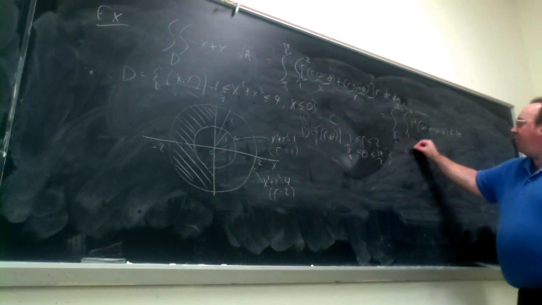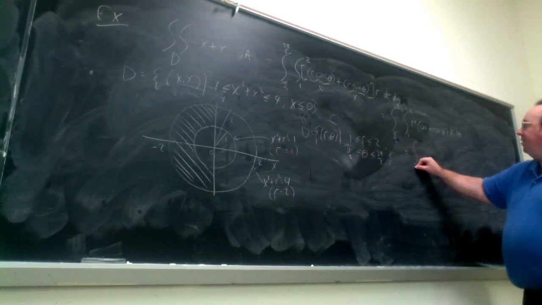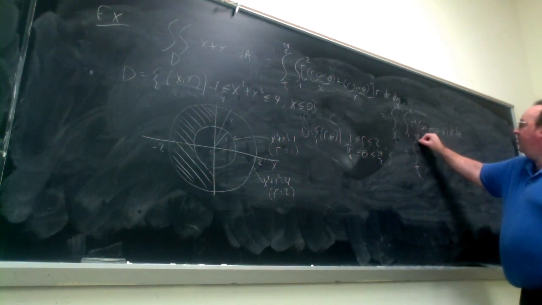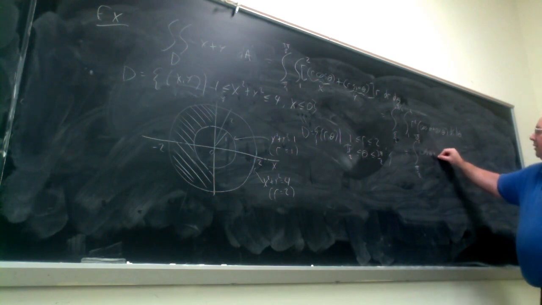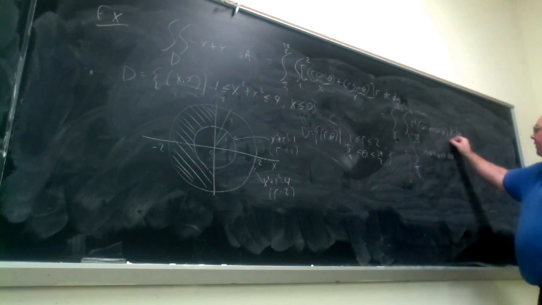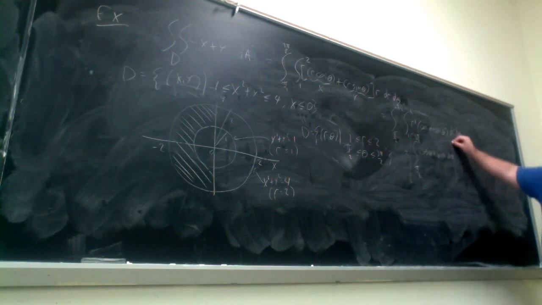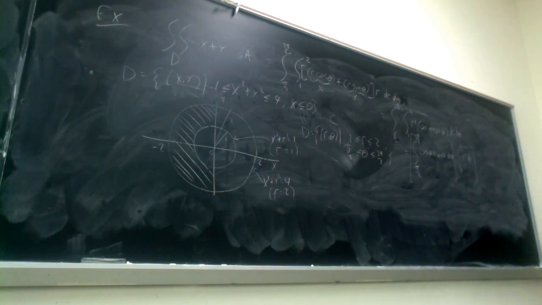So you can separate this into a product of two single integrals. This one for theta times the one for r. Alright, so then you have two integrals that you can work out using your Cal 2 knowledge.